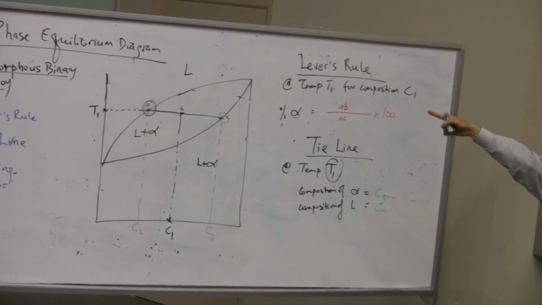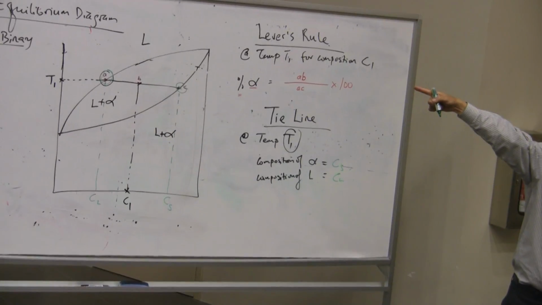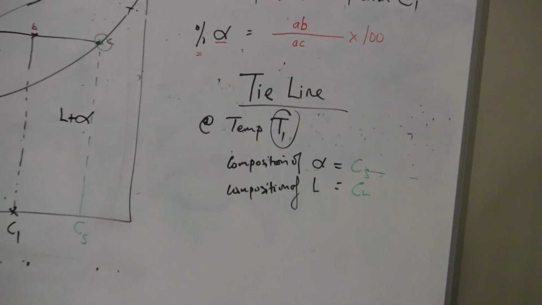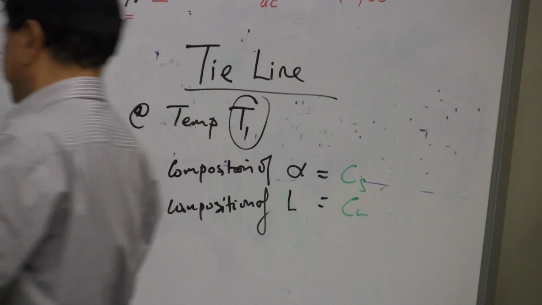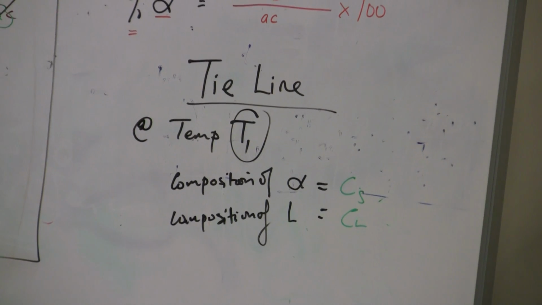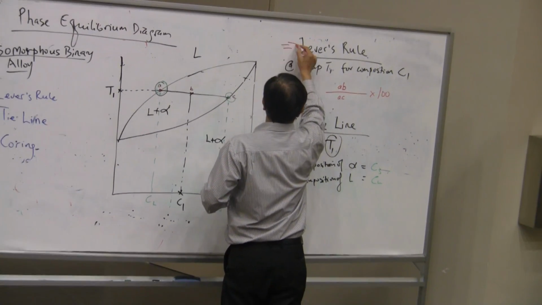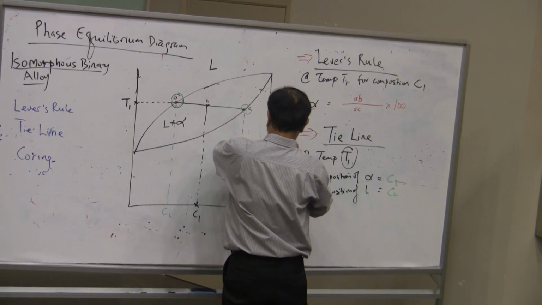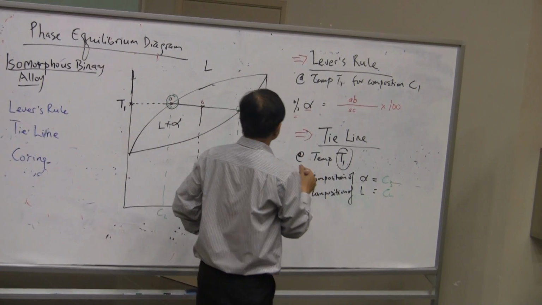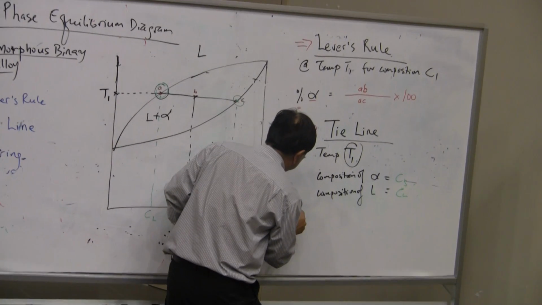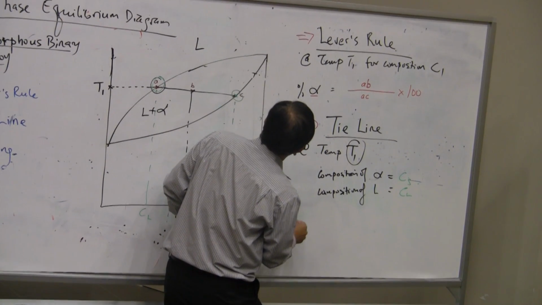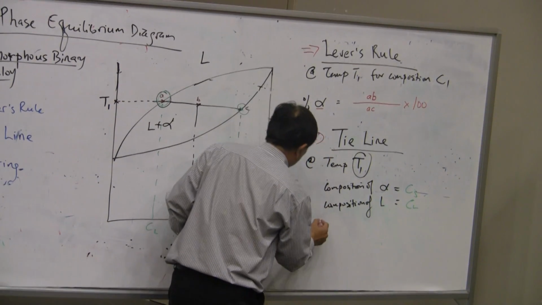That is the tie line. Alright, now the next thing I need to talk about is coring.